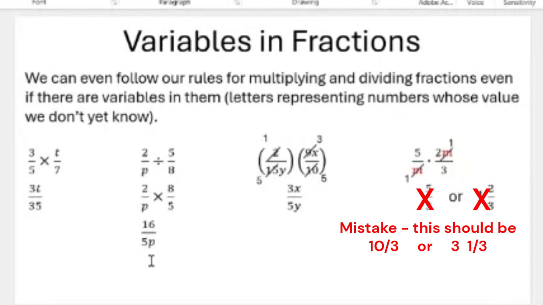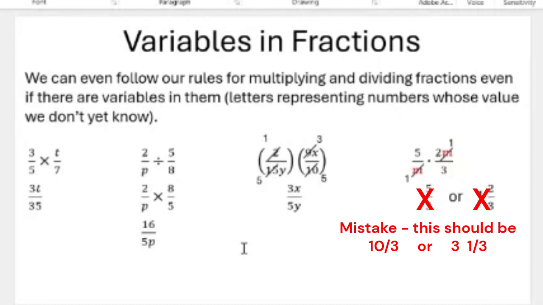It's not true. So if you have letters in your answer, do not ever go to mixed numbers. Just leave it as it is, because you don't know what that is, right?